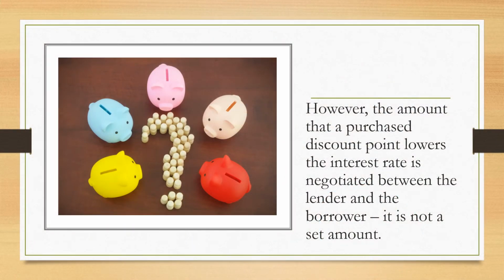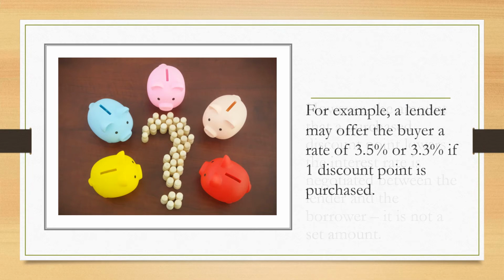However, the amount that a purchase discount point lowers the interest rate is negotiated between the lender and the borrower. It is not a set amount. For example, a lender may offer the buyer a rate of 3.5% or 3.3% if one discount point is purchased.